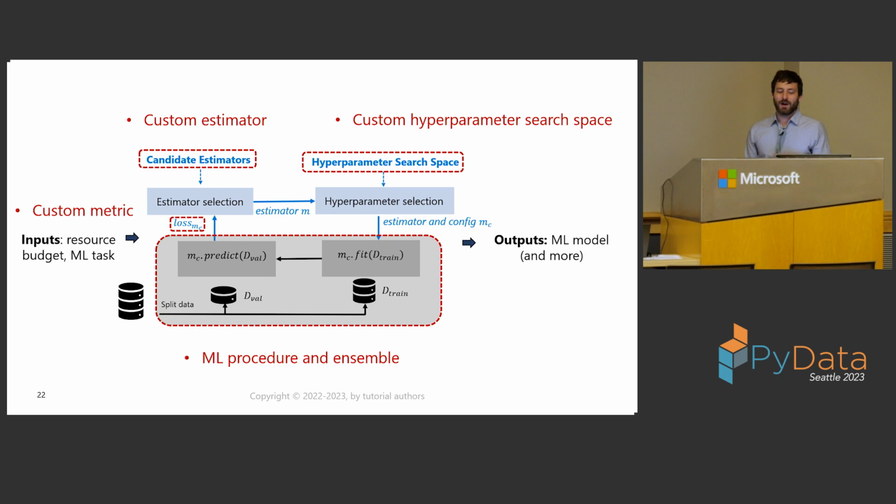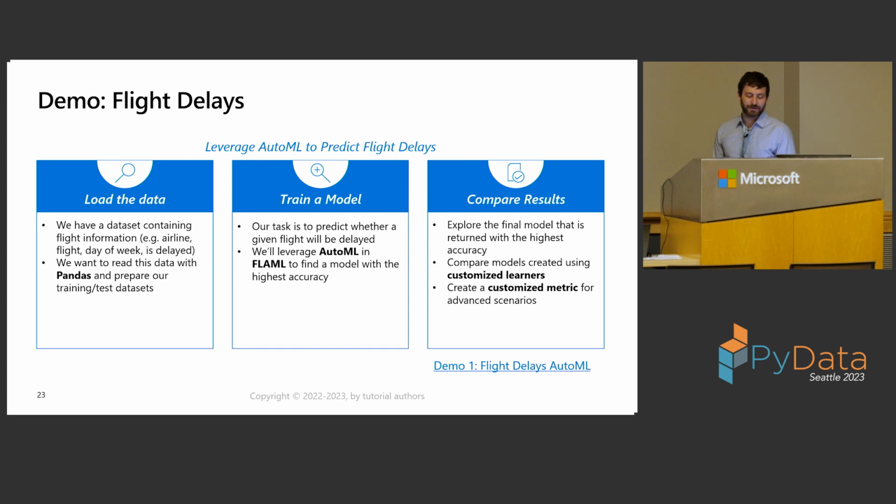For each of them, there's a built-in hyperparameter space. Configurations are sampled from the estimators and the hyperparameters, the model is trained on them, and then the loss function determines what estimators and configurations you select next.